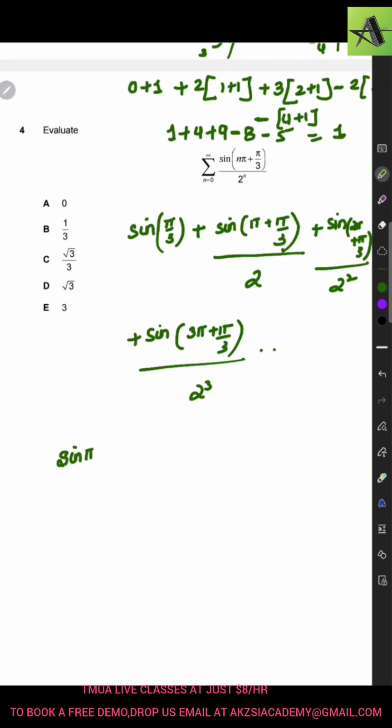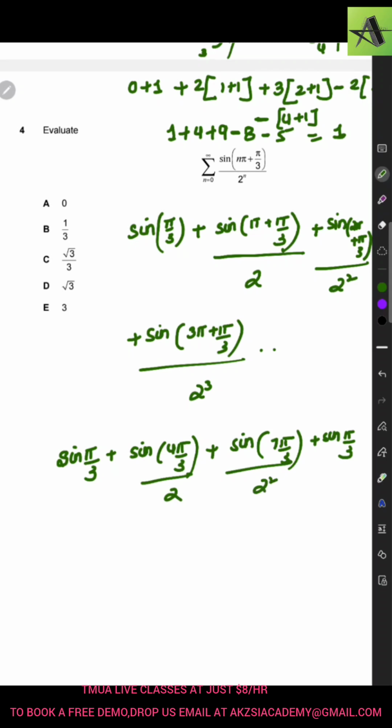Sine pi by 3 plus sine 4 pi by 3 plus sine 7 pi by 3 plus sine 11 pi by 3, and it's over 2 squared, 2 cubed, and till infinity.